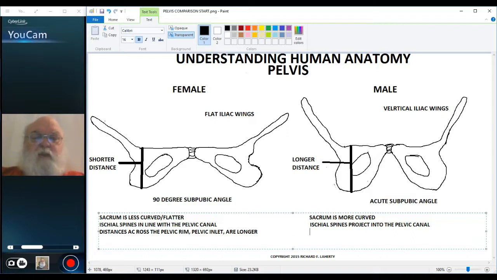If you measure the same distances across the pelvic rim or pelvic inlet, they are shorter in the male.